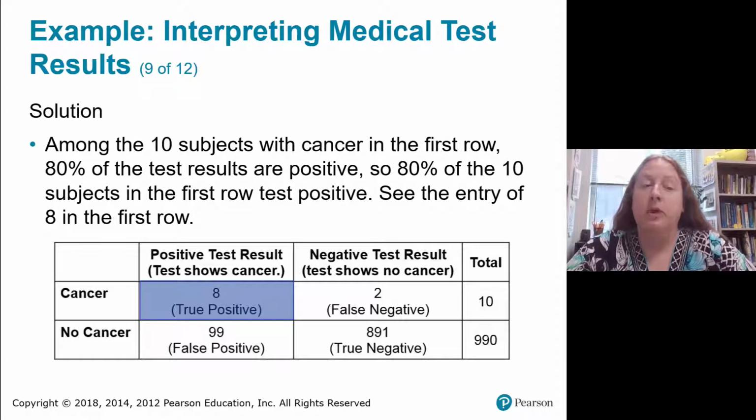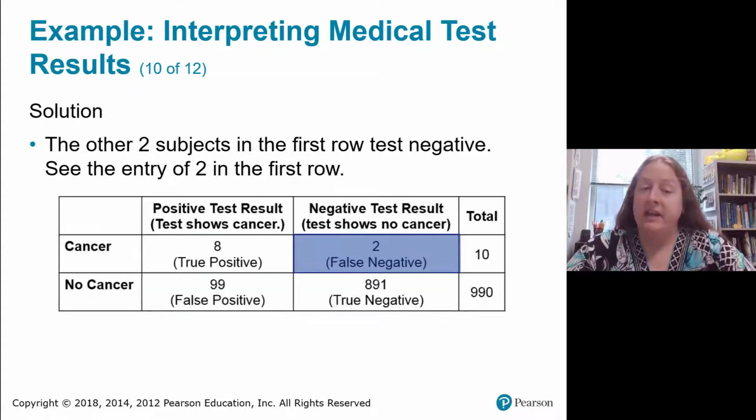Now for the top row, we know that the true positive rate is 80%. The test results are positive for 80% of patients with cancer. So 80% of our 10 subjects should return a true positive. 80% of 10 is 8. So 8 people will receive a true positive.